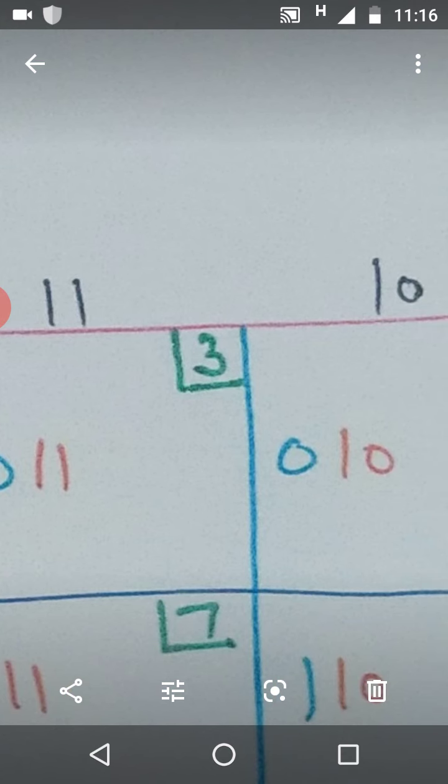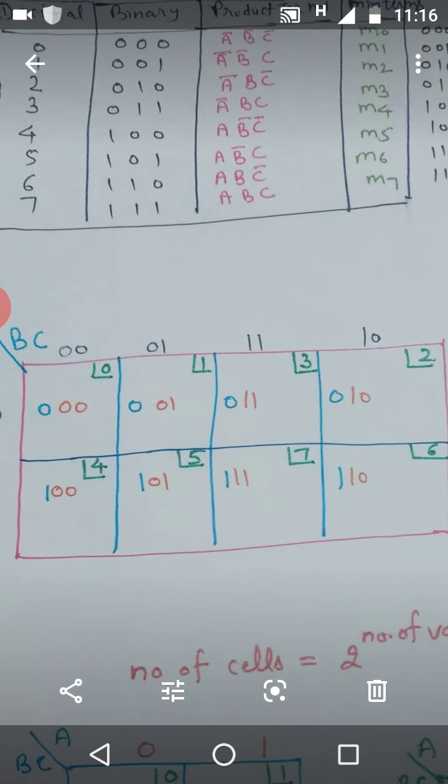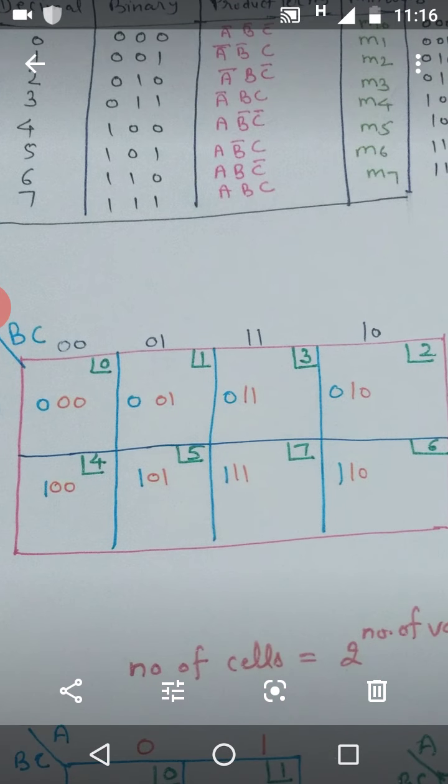Again, if we have to change 11 into 10, we need to change only the right side bit, make it 1 to 0. So all these four combinations that we have written are in such a way that every adjacent code is unit distance, differing from each other by 1 bit.